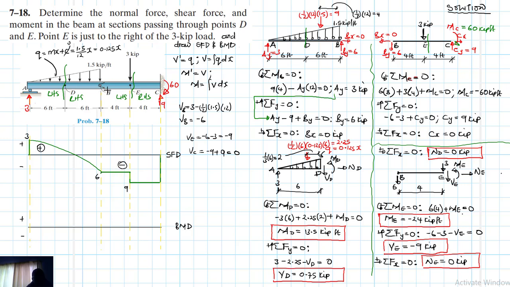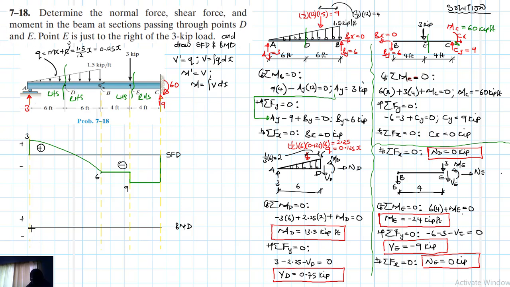Like we said, a pin at B transfers forces, translational forces, but a pin does not transfer a moment. So we expect moment at B, which is a pin, to be equal to 0, right? Okay, so now let's draw the bending moment diagram.